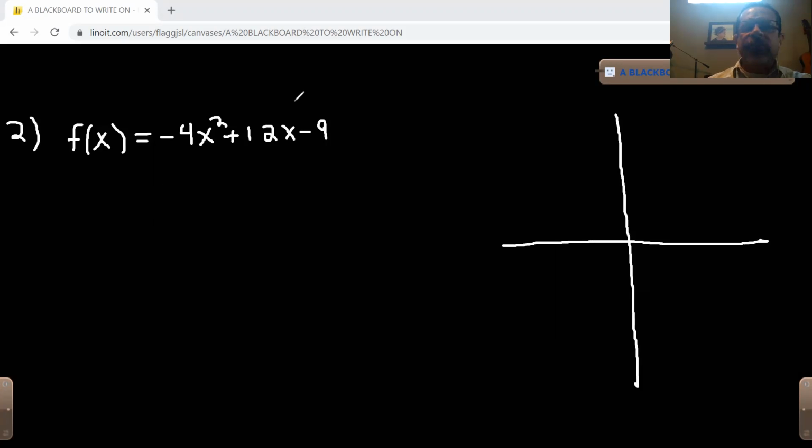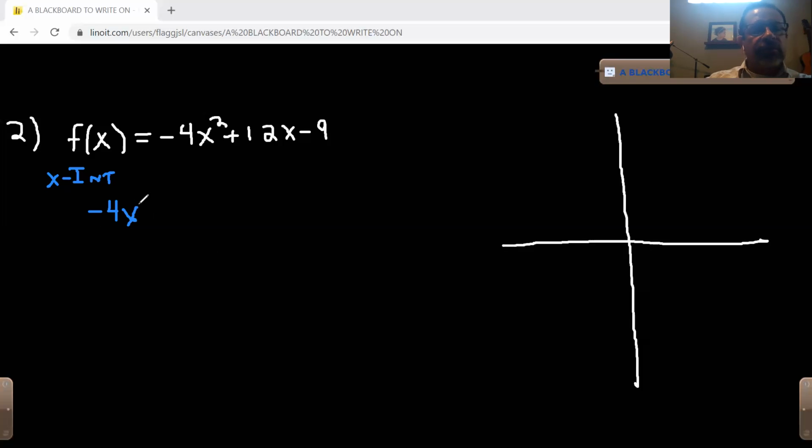So let's first try to find the intercepts, and let's first find the x-intercepts. How do we find the x-intercepts? Well, we're going to make this expression equal to 0. We need to find the roots, remember, to find the intercepts.